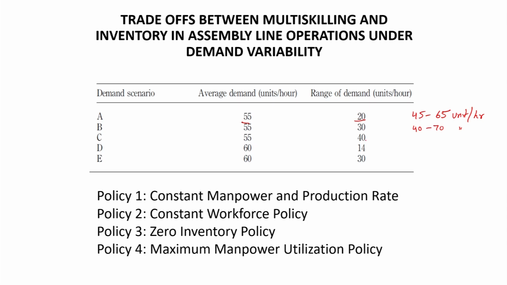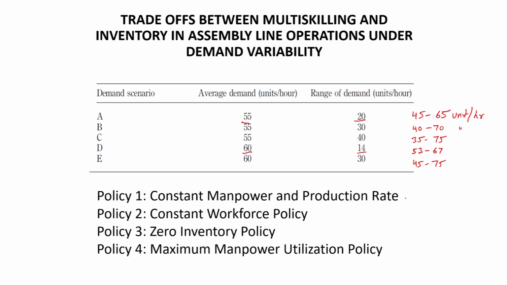In the third case, we take even more variability, 55 plus minus 20, total 40, that means 35 to 75. In another, we change the mean from 55 to 60 with a small variation of 14, that means 53 to 67, and there is another which is 45 to 75. So, these are the demand scenarios we are discussing.